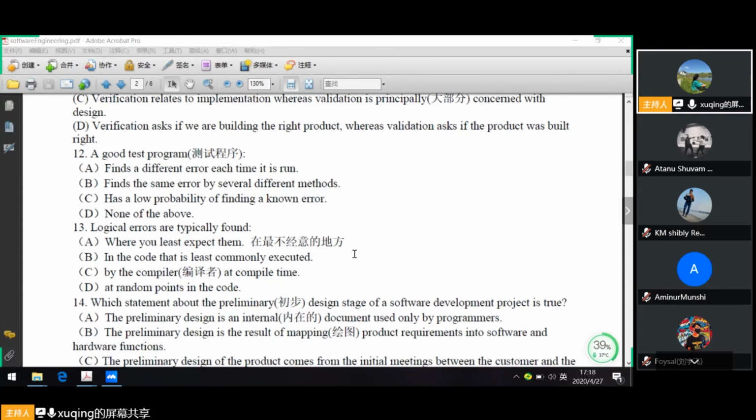B, in the code that is least commonly executed, it also can be true, but I don't see it being right in this context. And D, at random point in the code, okay, it's true, but it just doesn't work for this instance, for this question. So that's why I chose C instead.